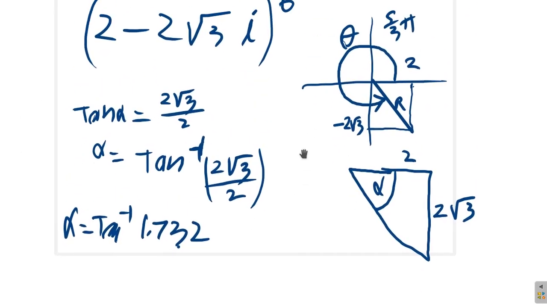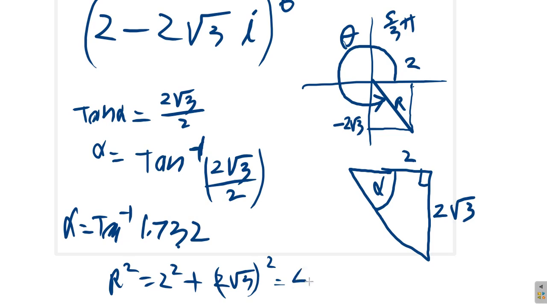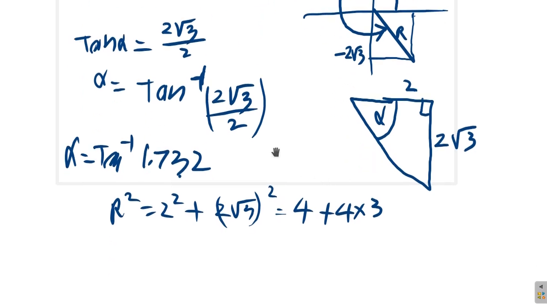Now, here, we use Pythagoras theorem, because this itself is a right angle triangle. So, r squared is equal to 2 squared plus 2 square root of 3 squared, which will be 4 plus 2 is 4, and square root of 3 squared is 3, which would be 4 times 3 is 12, 13, 14, 15, 16.